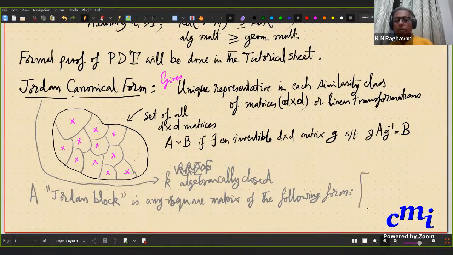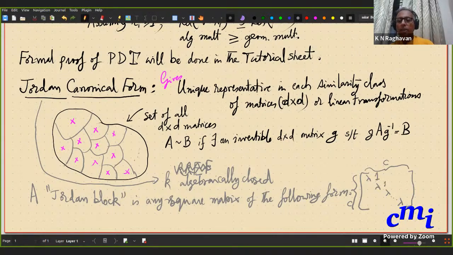It is a C by C matrix, with lambda, lambda, lambda on the diagonal: the same scalar, which could be 0 or some other non-zero scalar.